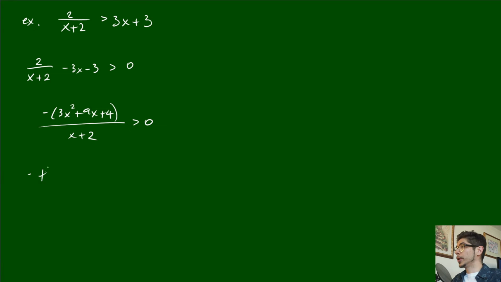Okay, so the numerator is 0 when x is equal to negative 9 plus or minus the square root of 33, all of that over 6. And since you have plus or minus, you're going to end up with two values.